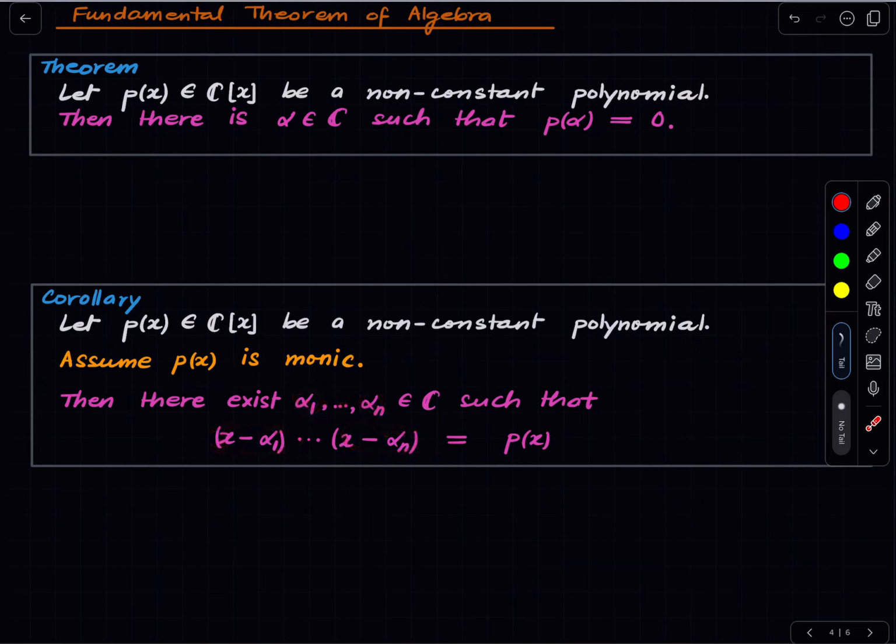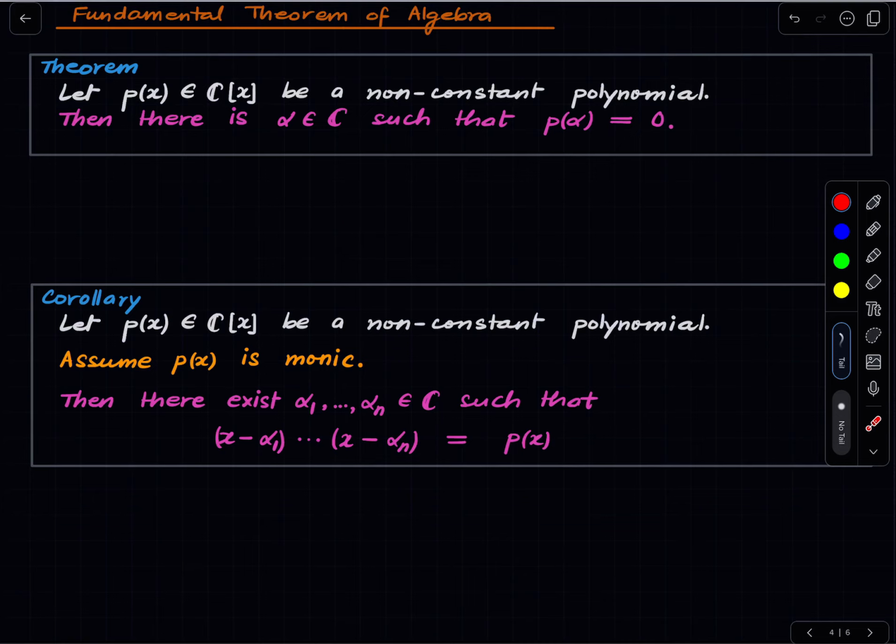So you can factorize a polynomial over complex numbers into linear factors. The monicness is just for convenience. You can easily modify this statement for non-monic polynomials.